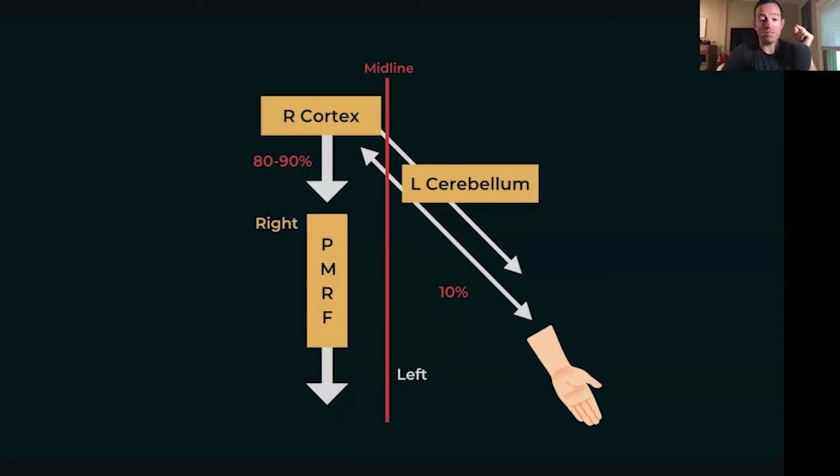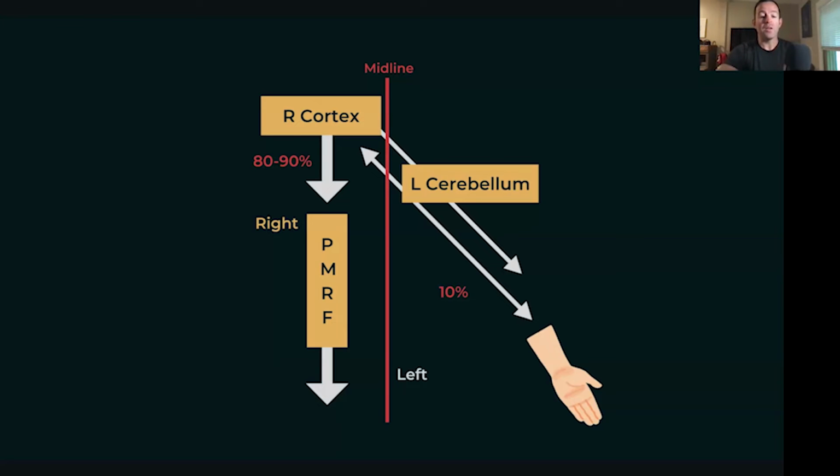What if I actually am experiencing a reflexive stability problem with this right shoulder because I have a dysfunctional right PMRF? If I do the rotator cuff exercises, okay, you guys know now, based on this neurology of movement, that if I do rotator cuff exercises with my right shoulder, that movement is initiated from the opposite cortex, in this case, my left cortex, and it will act on my left PMRF.